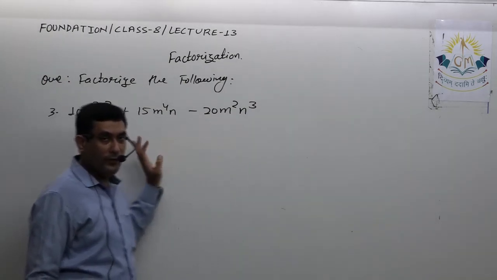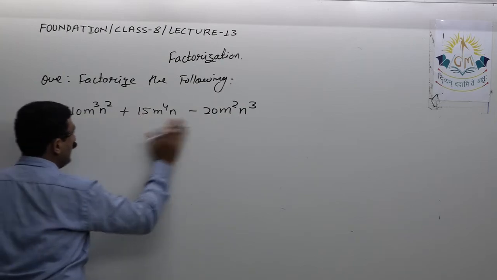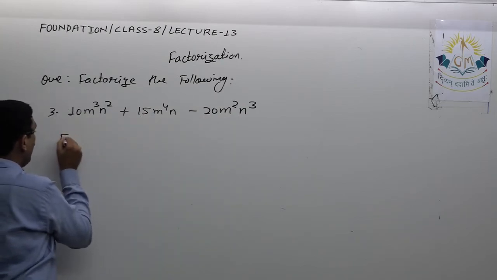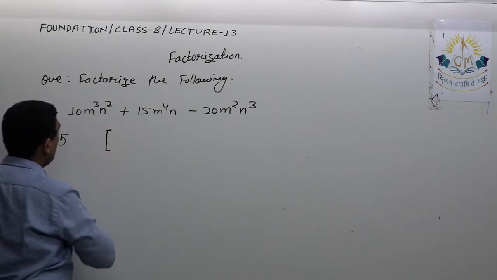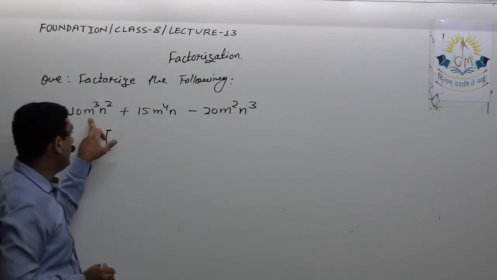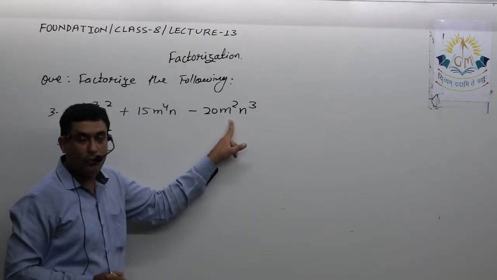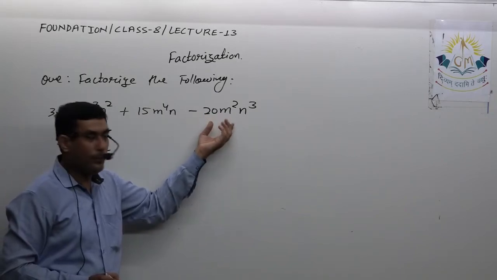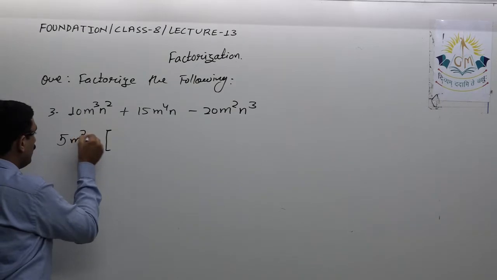So 5 is there in these three numeric coefficients, so I can definitely take 5 common. Now among the m, there is m cube, m raised to 4, m square. As I told you, you have to take the minimum power. So m square is the minimum, so I will take m square common.